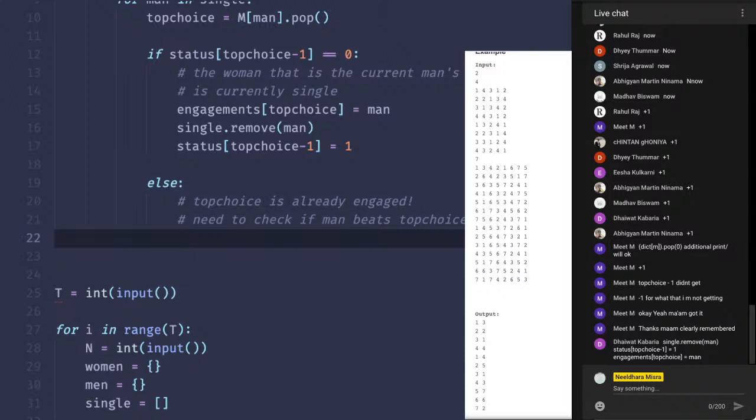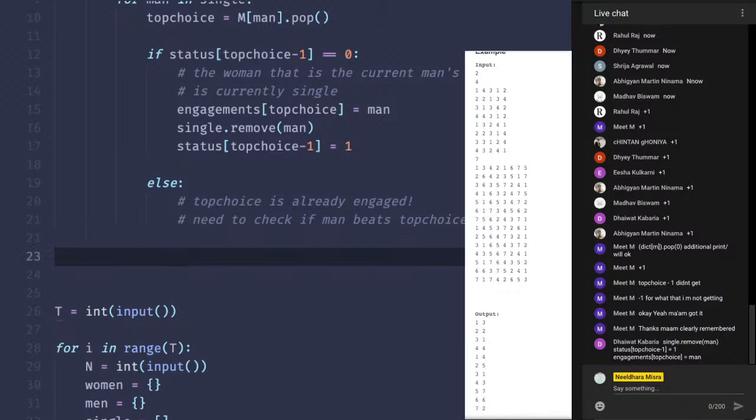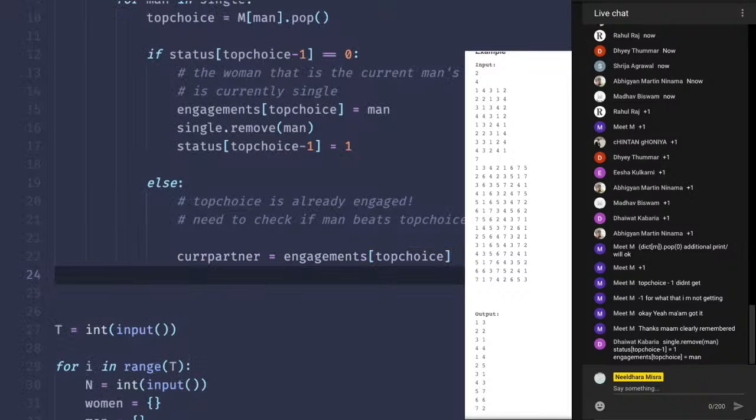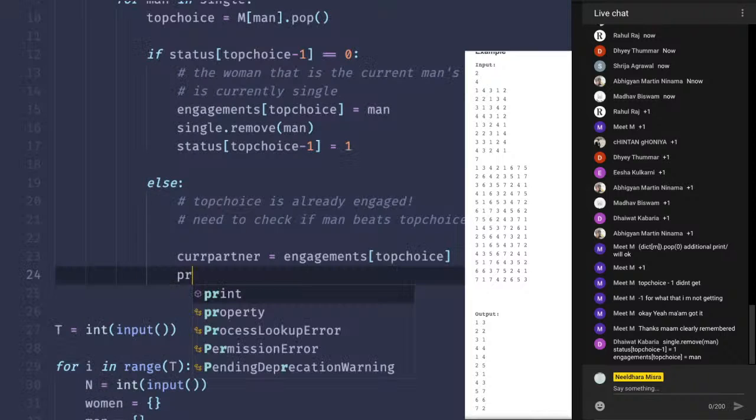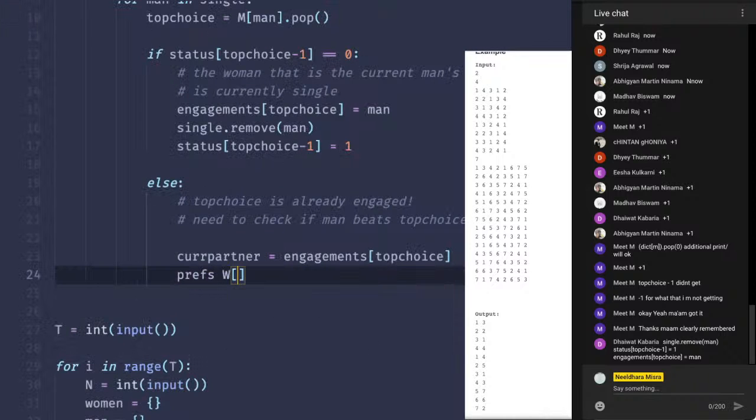We will need to check man versus top choice's current partner. So let's say current partner is, we get this from the dictionary, engagements of top choice, right? And we need to somehow compare this current partner with man in W's preference list. So let me define prefs to be W of top choice.